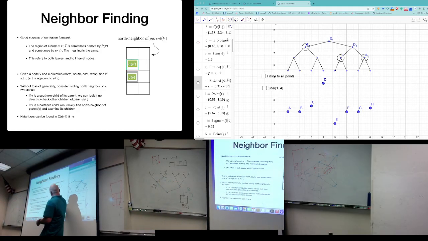And in many applications, I would like to find the neighbor of the same size to my right. Now, what happens if I want to find a leaf with this part, let's say, because I do ray shooting in graphics. I like it if I have one neighbor above me. Two neighbors is still acceptable.